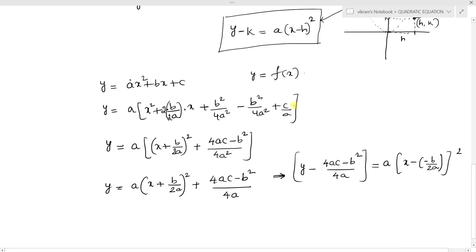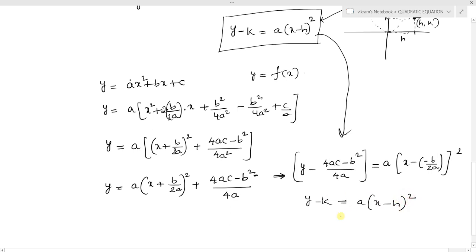This is similar to the standard form, which is y minus k equals a times (x minus h) whole square.